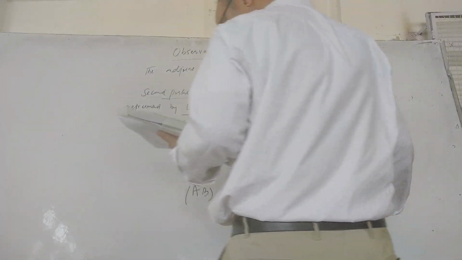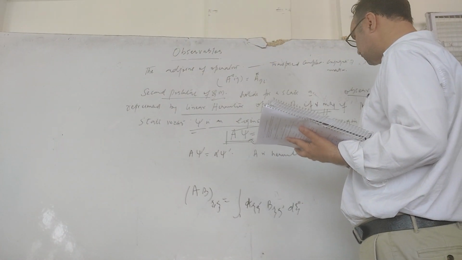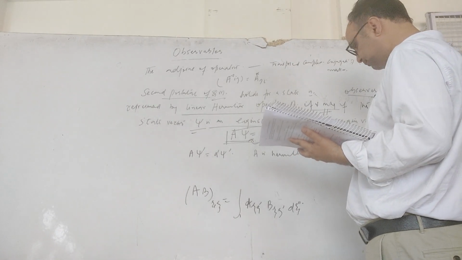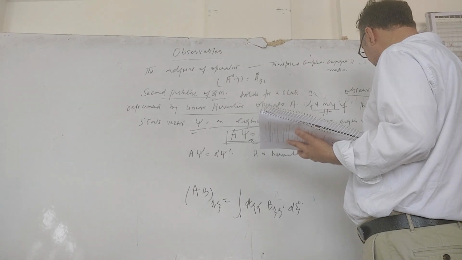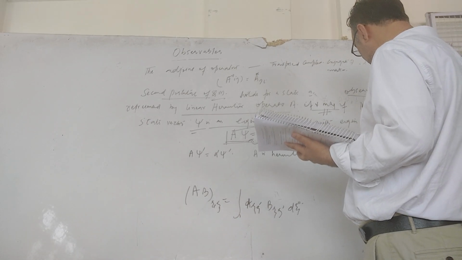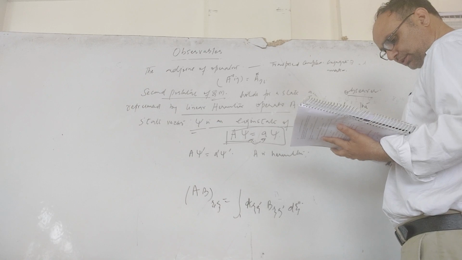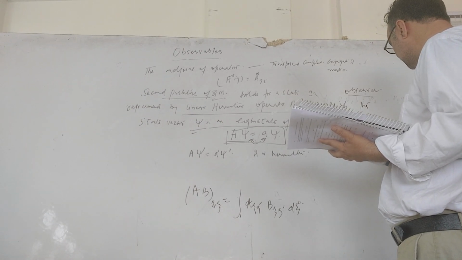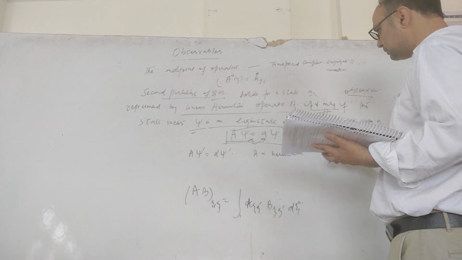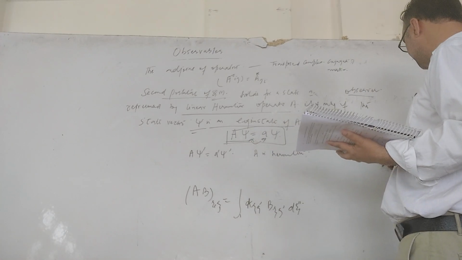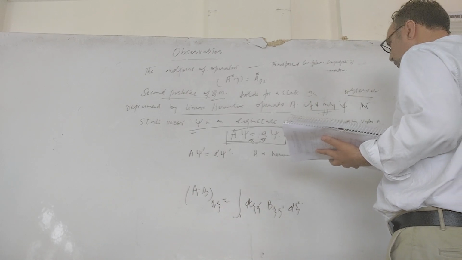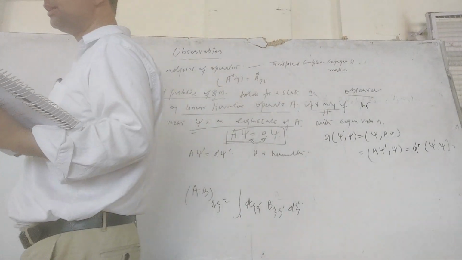If you have a scalar outside, you can shift it. You can write psi A psi prime is equal to a prime psi psi prime. And if it is replaced by a, it will be a psi psi prime. So these are different ways of writing it.